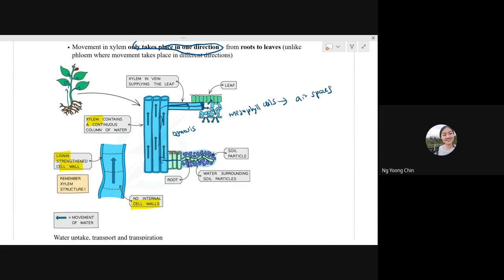The air spaces are found in the spongy mesophyll cells. Once the water gets into the air space, it becomes water vapor. So the water diffuses out through the stomata and evaporates in the form of water vapor.